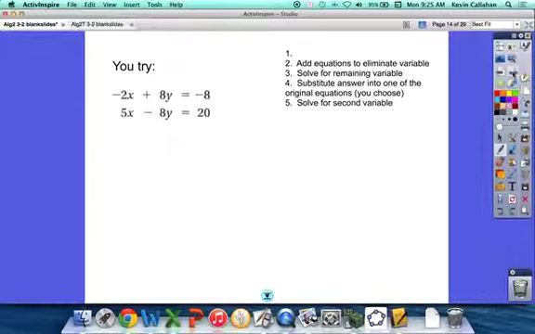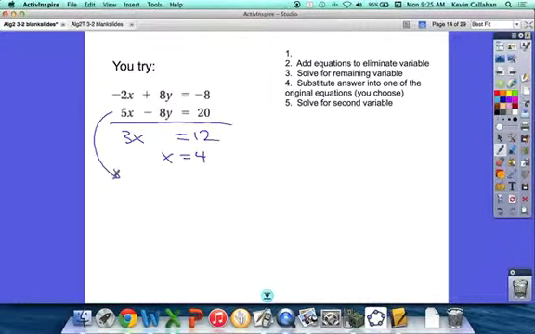Right? So when you added these two up, again, you eliminated the y's in one step. Negative 2x plus 5x is 3x equals 12. X equals 4. Right, so which equation did you substitute that into? The second one? It doesn't matter. I would have probably done the first, but it does not matter.